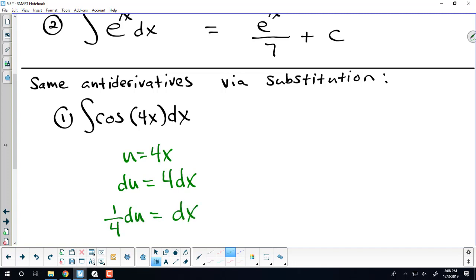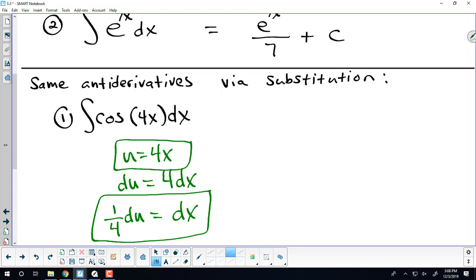So all I have to account for is that dx, right? There's not a 4dx in the integral. There's only a dx. So I'm just going to move the 4 to the other side as a 1/4. I'm going to use this and this for my substitution.